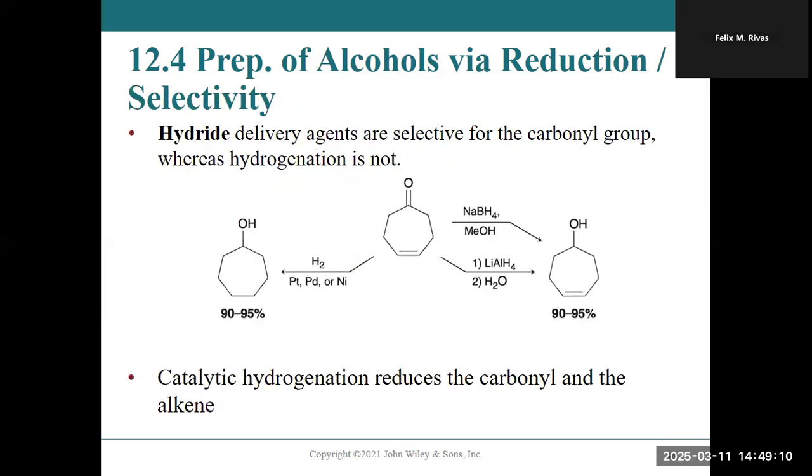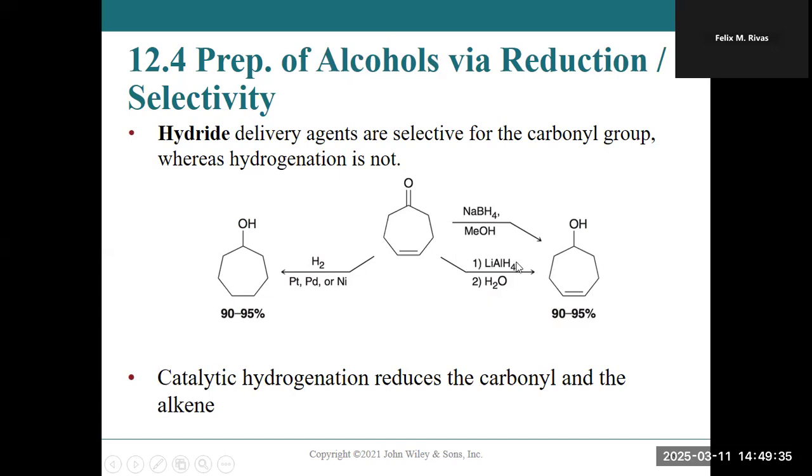Here's an example where we summarize the use of these reagents to give you a bigger picture. So this is the time where you step back and say, what is happening? Sodium borohydride here to the right is reacting at the carbon-oxygen double bond only, so you get this heptanol molecule with the double bond intact. Lithium aluminum hydride does the same thing, except that we have to do it in two steps.